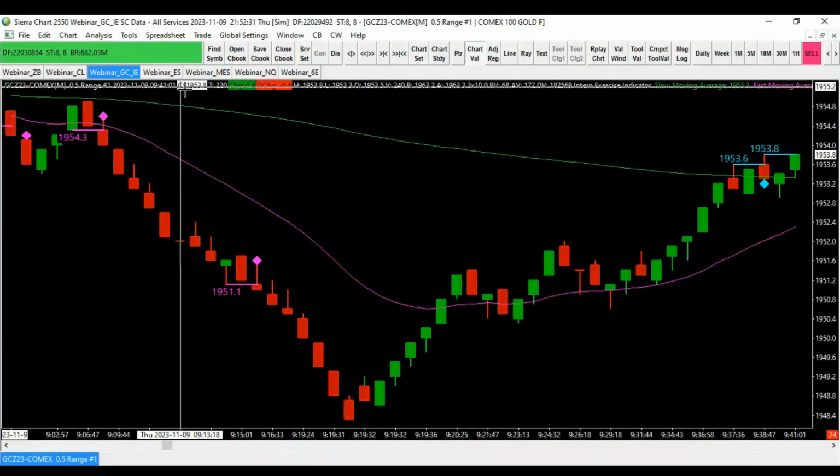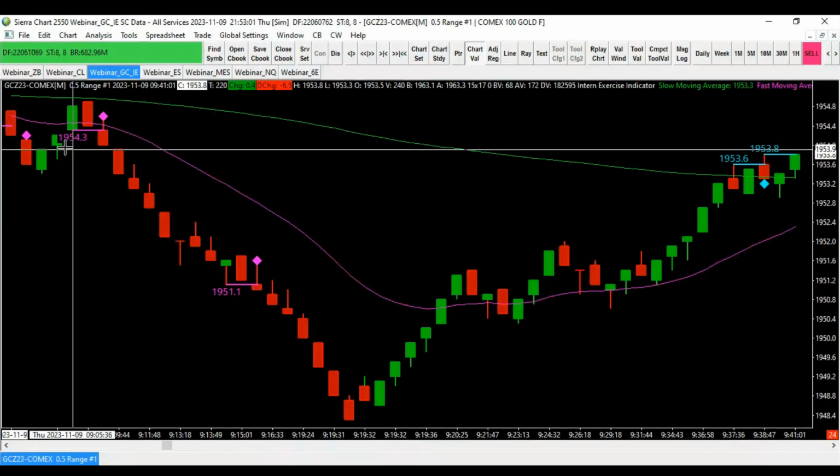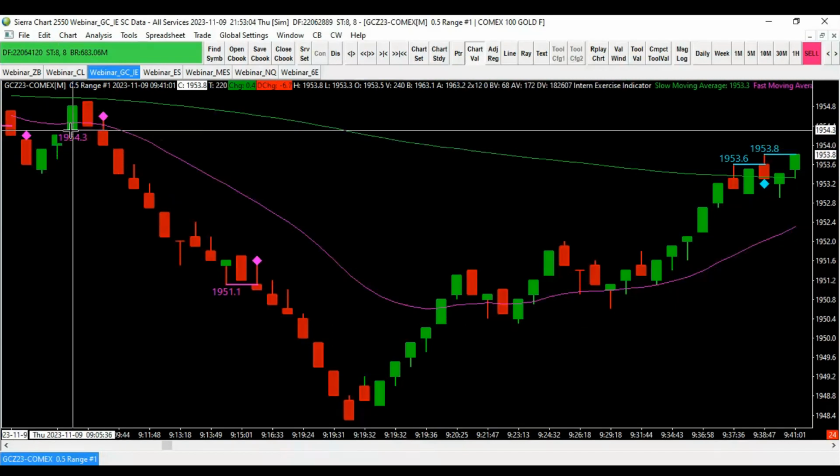This is not meant to be something that you would trade on its own. This is really there to help those who are maybe a bit new to the exercise and new to Ray's classes, to help them see where the intern exercise signals would be while they're trying to practice on their own charts. So what this indicator does is it will signal with a price at the point where it detects the setup is valid.